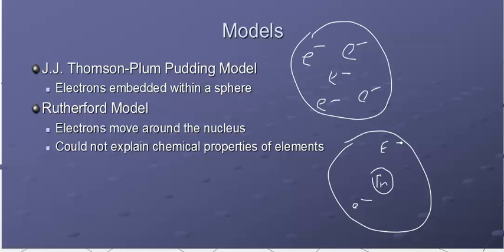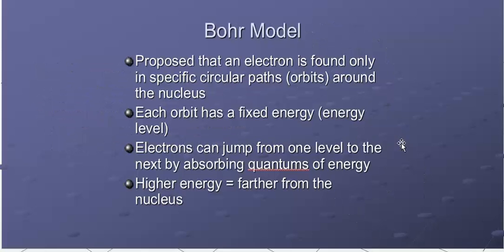And so the next guy comes along, Niels Bohr, and produces his model for the atom. Bohr said that electrons are found only in specific circular paths around the nucleus. So the nucleus is the common part here for all atoms now. We have a nucleus. Now we're looking at electron movement. In the Bohr model, these were called orbits.